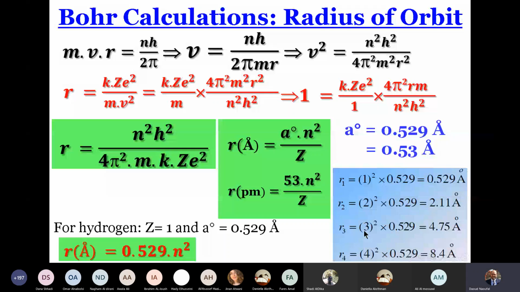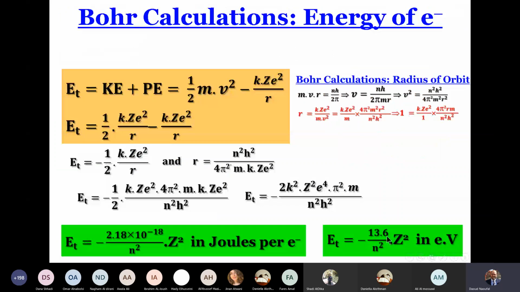What is the energy of the electron in orbit? The proof is not requested. You have to know only the formula. The energy of the electron on an orbit equals minus 13.6 times Z of this element square divided by the number of the orbit square, and the value is in electron volt.